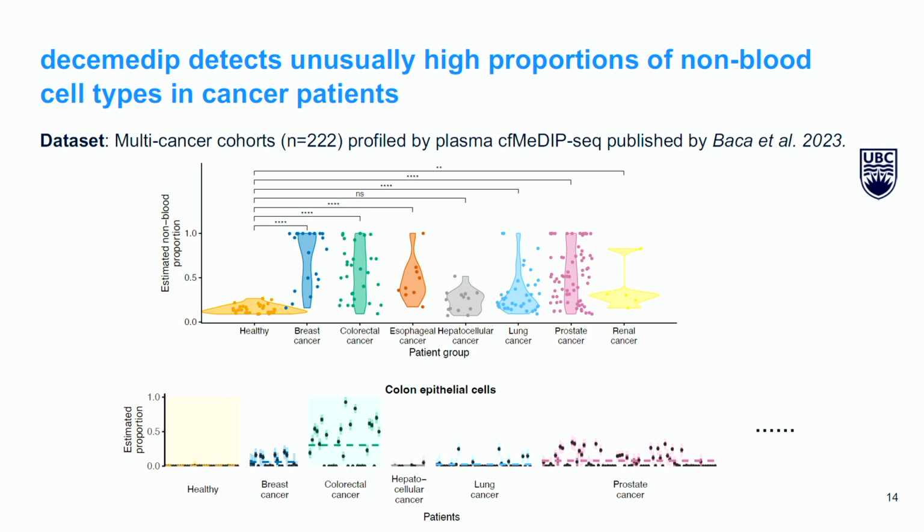But all the cancer patients, except the hepatocellular cancer patients, show a significantly higher proportion of non-blood cells in the cell-free DNA methylome. Zooming in to the proportions of specific cell types, we see that the cell types corresponding to the cancer, for example the colon cells corresponding to colorectal cancer, have a very high deconvoluted proportion compared to the other samples.